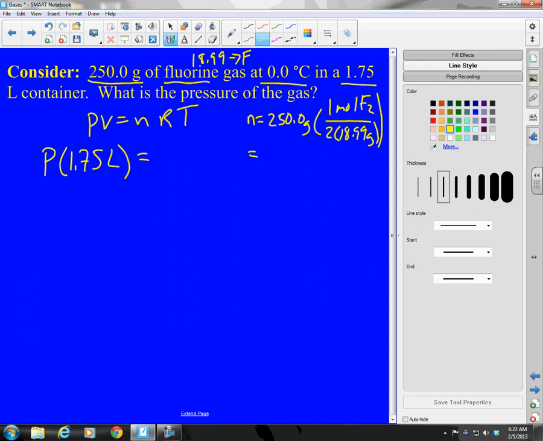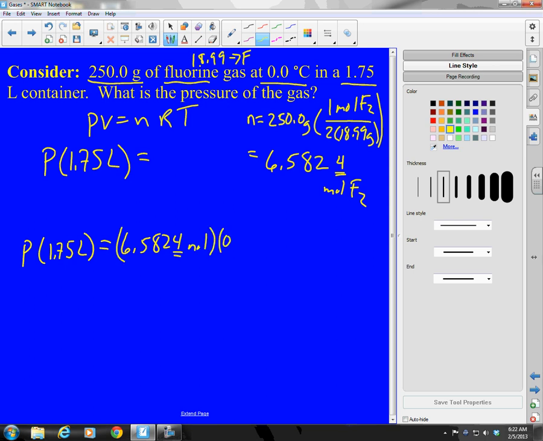Okay, so what do I get out of that? 250 divided by 2 divided by 18.99, and I get 6.58. How many sig figs? 4 sig figs. 2, and I want to carry my extra 4 moles of F2. All right, here, let's move this down here. P times 1.75 liters is equal to N, 6.5824 moles.